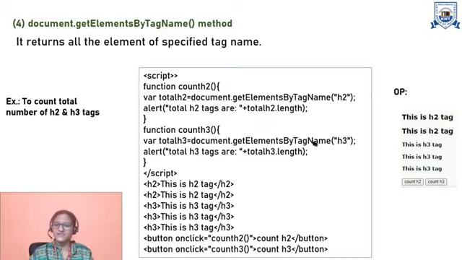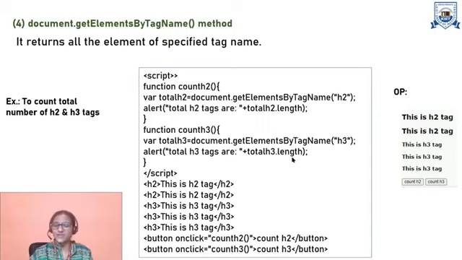document.getElementsByTagName h3. The number of h3 tags used in the HTML document will be collected and assigned to the totalH3 variable. Then with the help of this alert window, a message will be displayed: total h3 tags are totalH3.length.